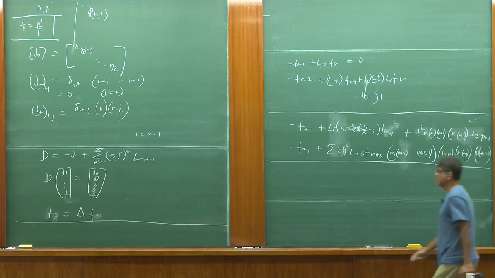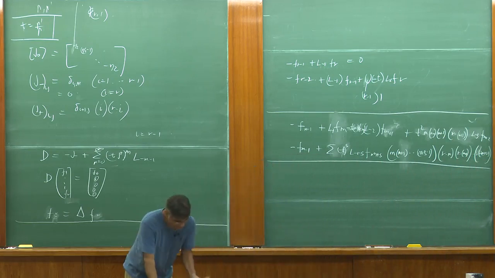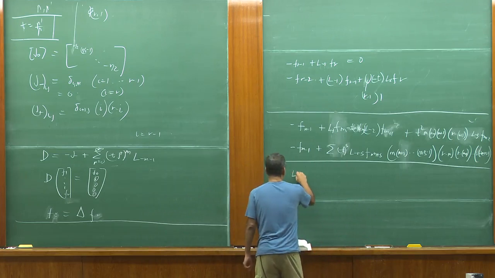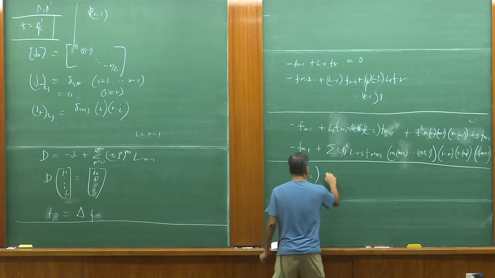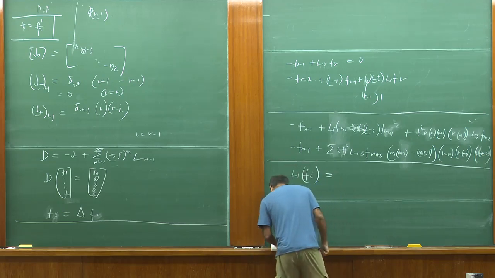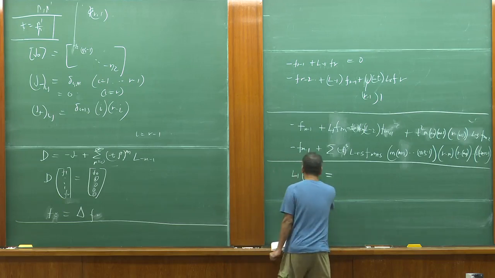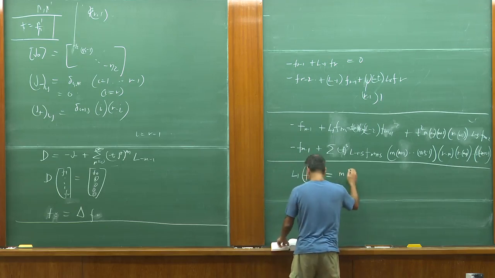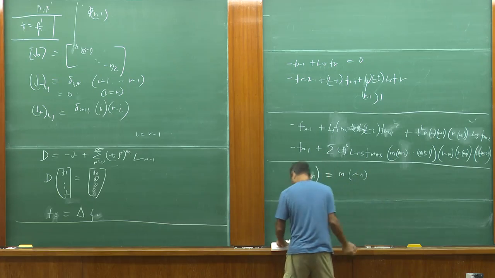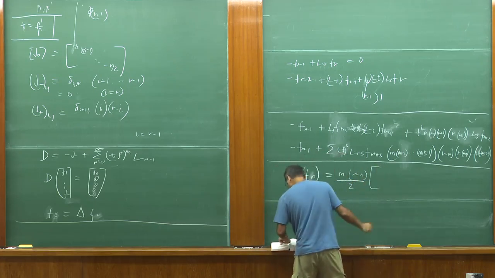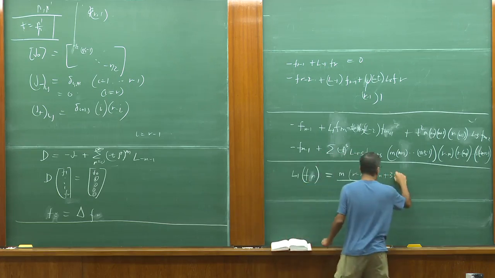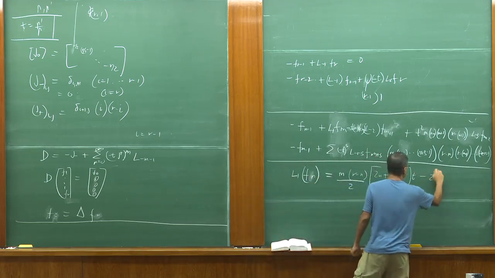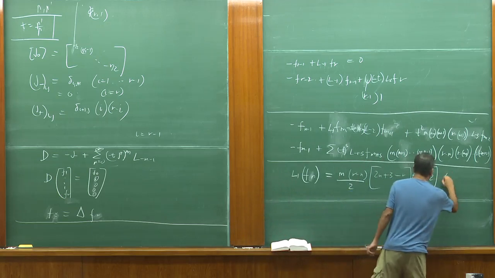And we're going to show this by establishing a couple of things. Now, the first thing we're going to do is to demonstrate the following equation: L1 on Fm is equal to m into (r minus m by 2) into (2m plus 3 minus r) times (t minus 2) of Fm plus 1.